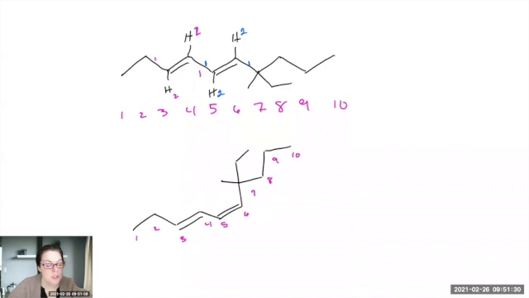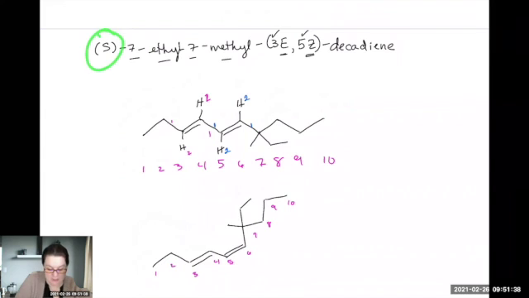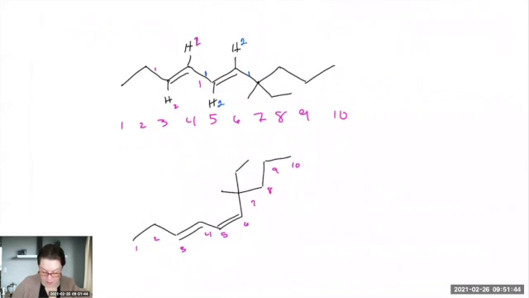And now we want to have this such that we have the S stereochemistry. So we want to make sure that we have the S stereochemistry. All right. Well, let's assign priority to the groups that we have. Oh boy, we got a whole bunch of carbons going on, don't we? So here's my asymmetric carbon.